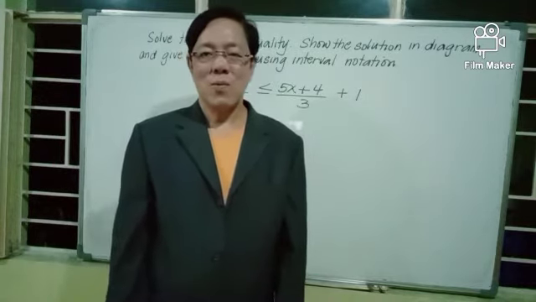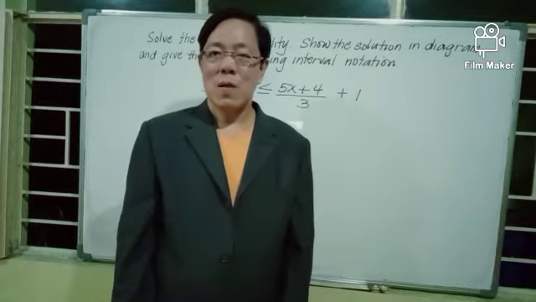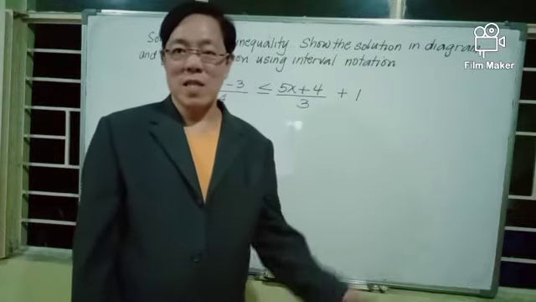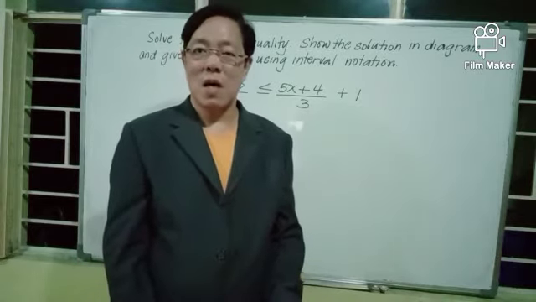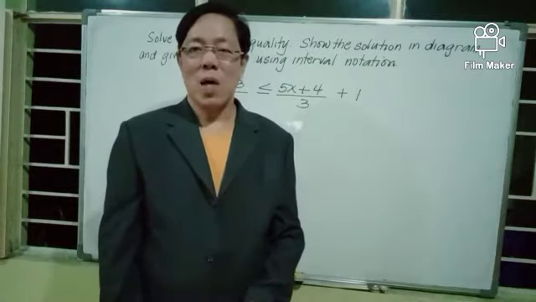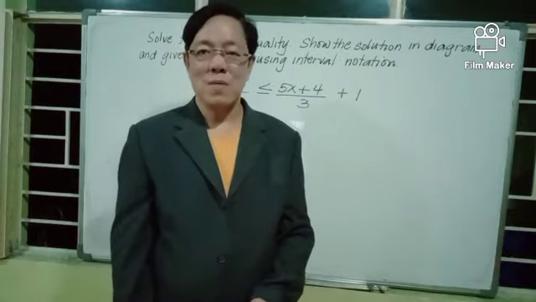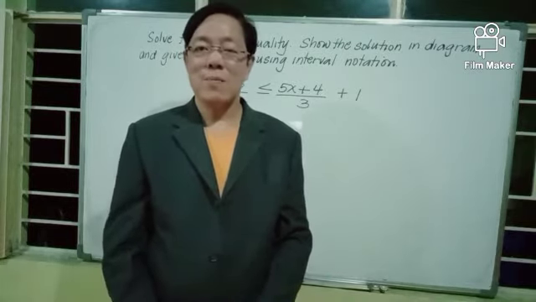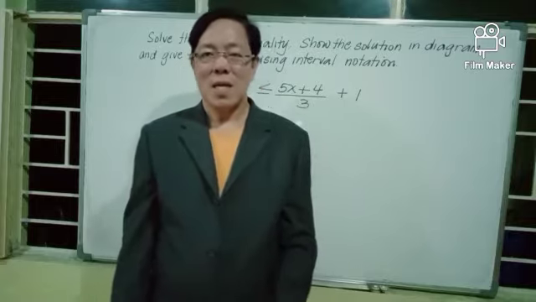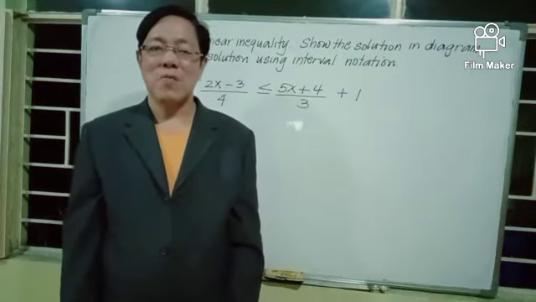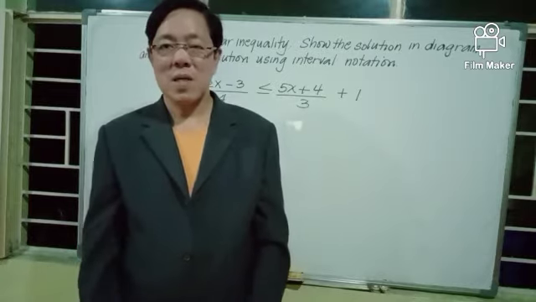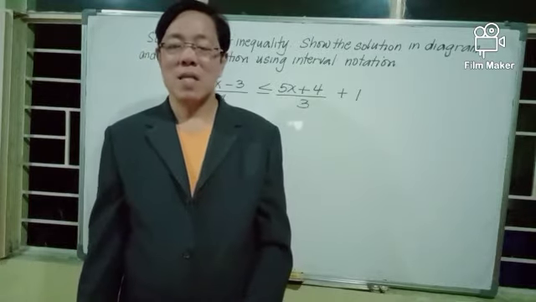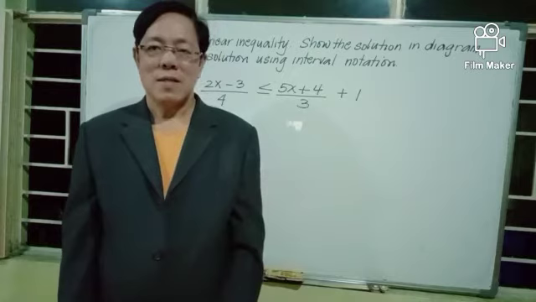We first recall the rules that apply for inequalities. When you multiply both sides of an inequality by positive real number, the inequality sign remains the same. That's the first rule.